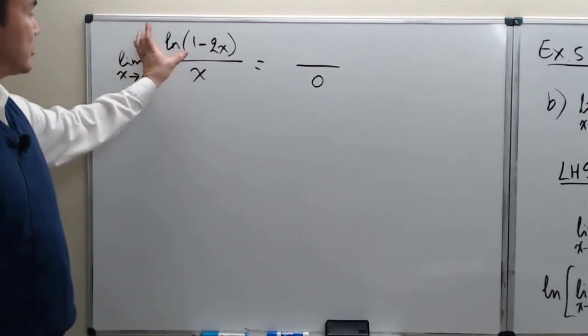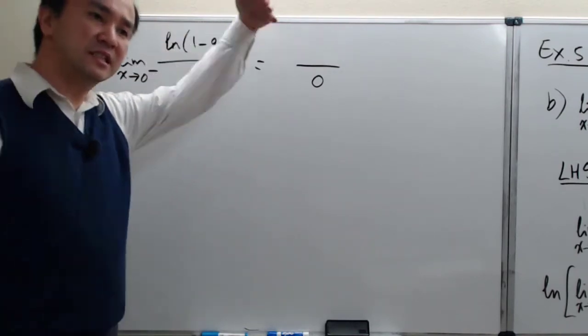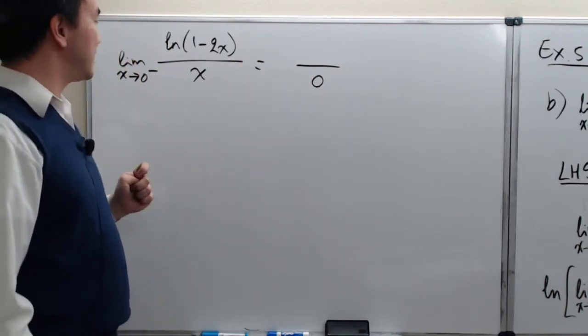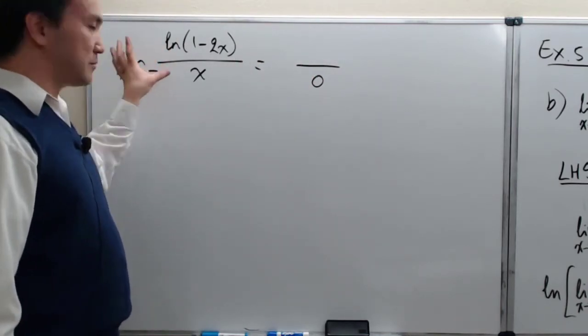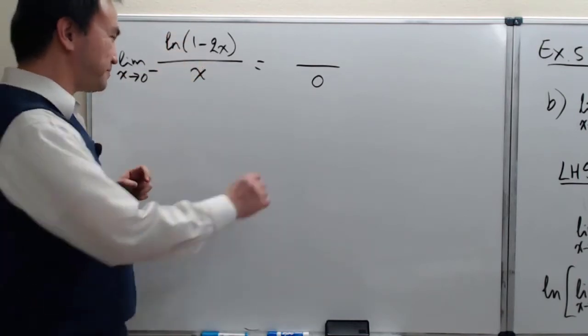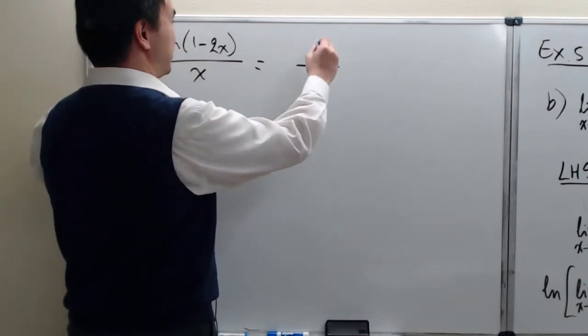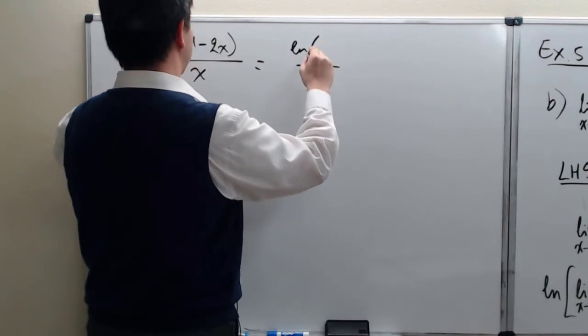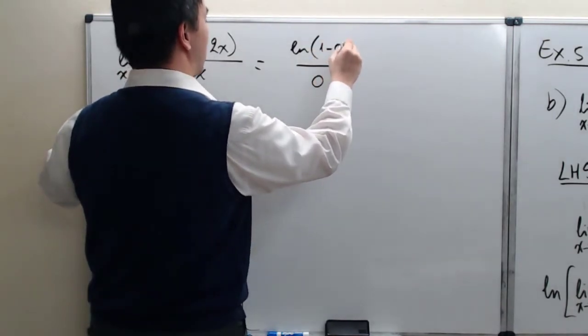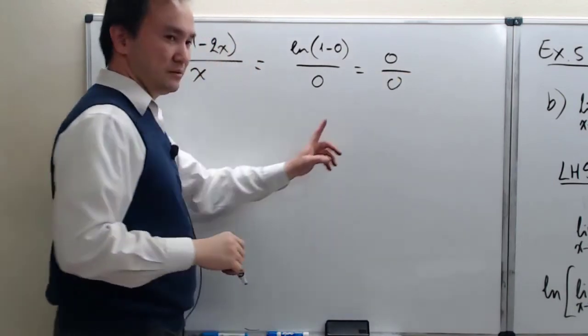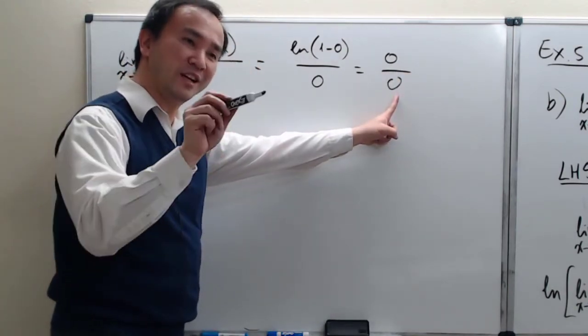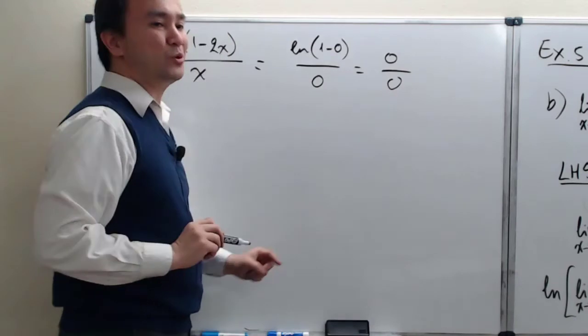Now basic limit laws also say that logarithm itself is a continuous function, just like back in the days when I made that argument when we learned about these fundamental limits. And so it's now logarithm of 1 minus 0, which is altogether 0 over 0, an indeterminate form where we can apply L'Hopital's rule here.